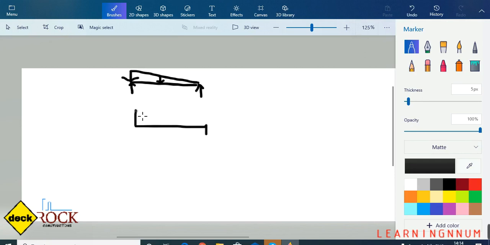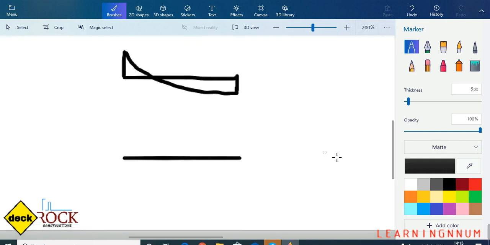Right? Now the ultimate bending moment. Understanding? Now see, there would be two types of curves here. Why? This is A, this is B. Listening?